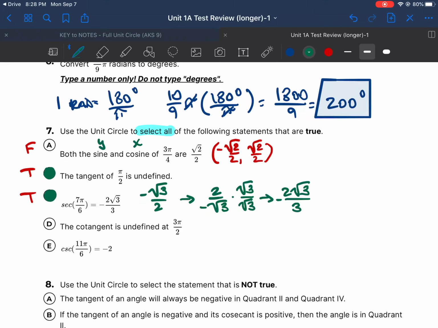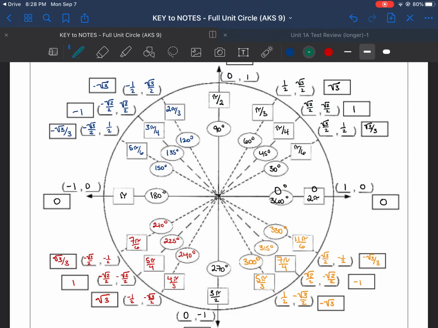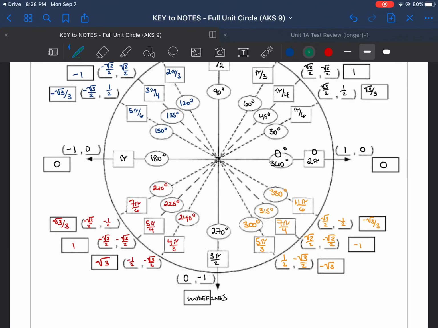All right, moving on to statement D. Statement D says the cotangent is undefined at 3 pi over 2. Well, let's take a look at 3 pi over 2. That's right here at 270 degrees. And 3 pi over 2 has an undefined tangent, but remember that cotangent is the reciprocal of tangent.